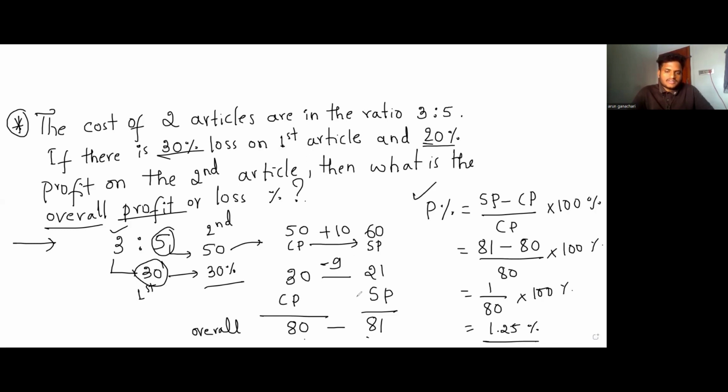If CP is given and SP is given, we can calculate the profit percentage. SP minus CP divided by CP into 100%. Getting this? Yes. Okay, so I'll rub this, then we'll move on to next question.